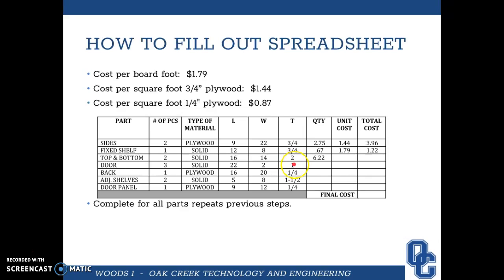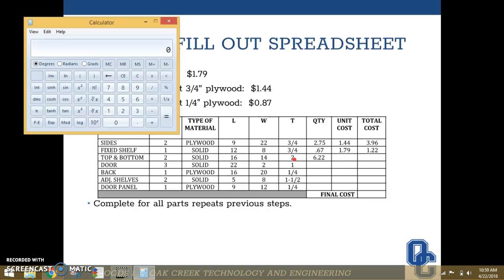We just have to simply do the math correctly. So we're going to do 16 times 14 times 2 divided by 144.